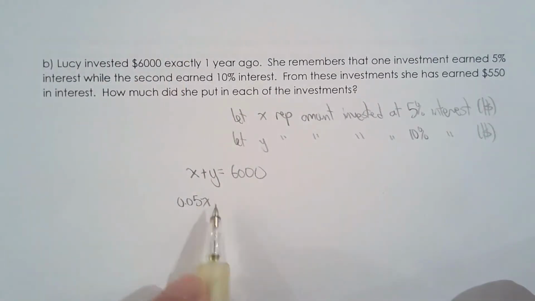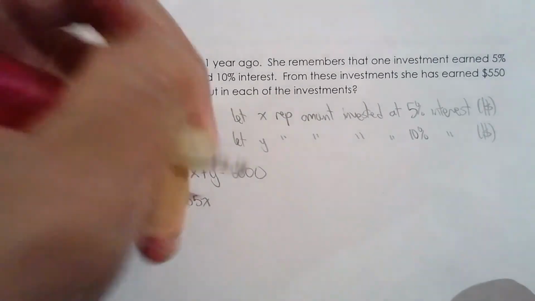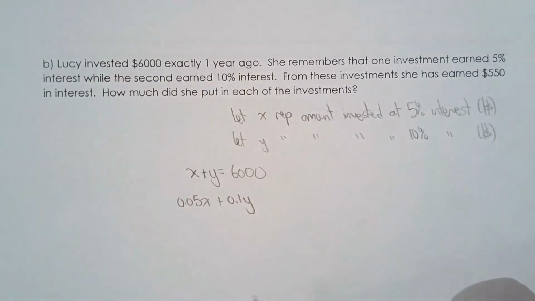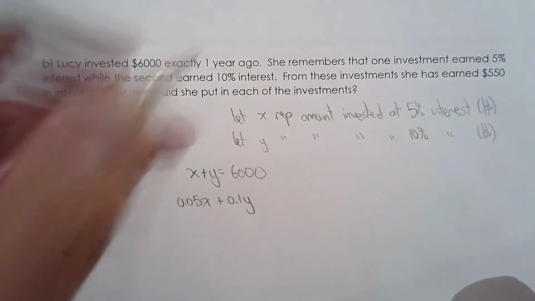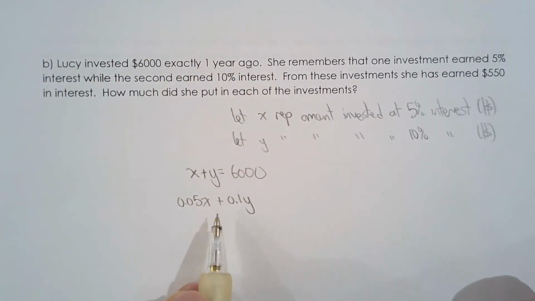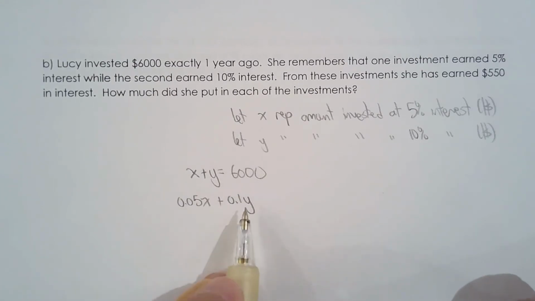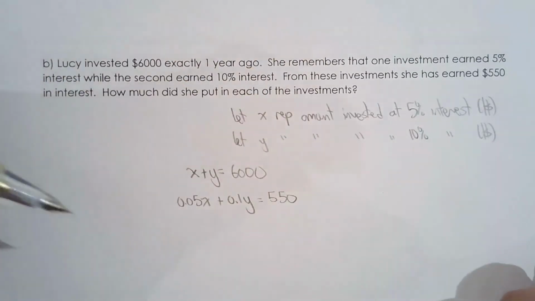This is how much she earns from the 5% account, and then there's one that earns 10%. The total amount she gets is 5% from the 5% account and 10% from the 10% account. If you total that together, you should get $550. The interest from both accounts totals $550.